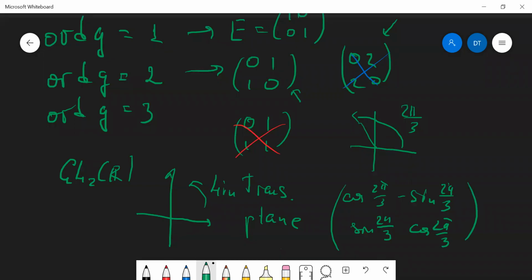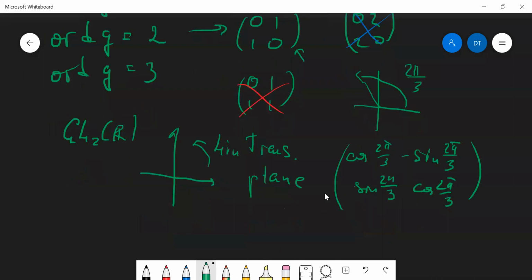If you do this rotation, its second power will be rotation by the angle 4π over 3, so it's still not the identity operation.